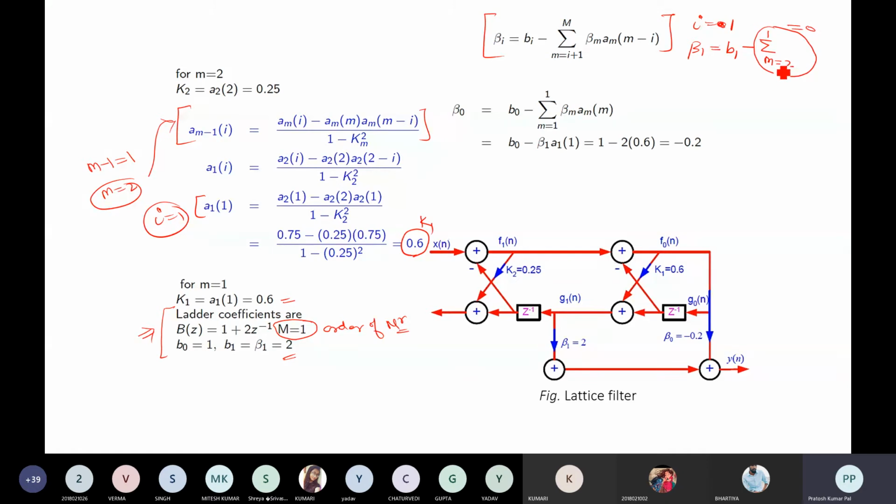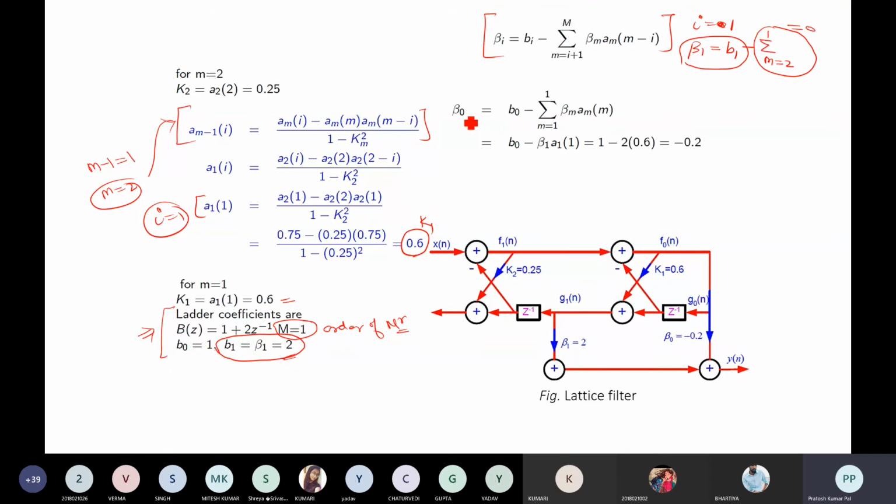It will not change from 2 to a higher value because m is always less than 1. So m is here, 1 is there, so there will be no value coming out here. So this value will be equal to 0. So beta 1 will be equal to b1. That's why beta 1 will be equal to your b1 value itself. Okay, so b1 value we know.